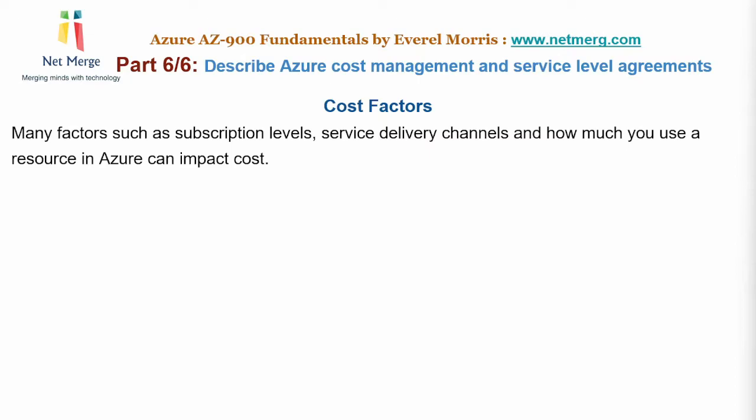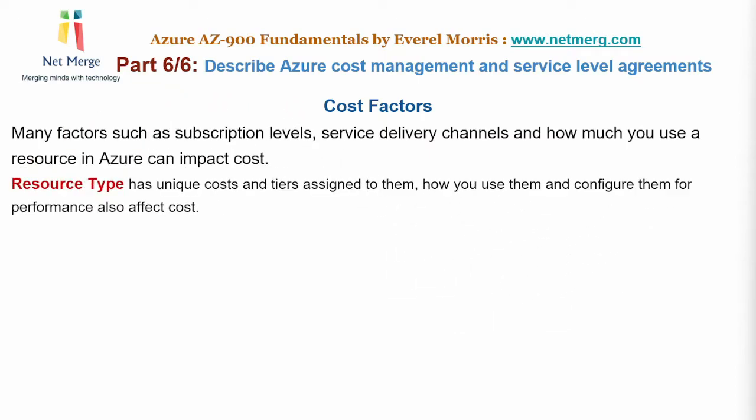Now let's take a look at cost factors. There are many things such as subscription levels, service level channels, and how much you use a particular resource that can impact your cost. So we're going to look at a few of the things that could impact your cost in Azure. I wanted to start out by looking at the resource type.